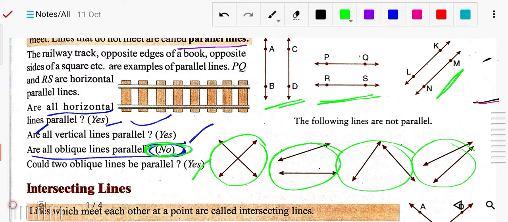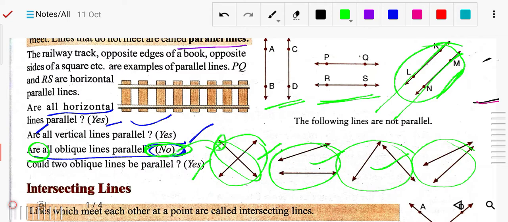Yes, as I told you, two oblique lines can also be parallel, because this type of line will never meet. But this type of line, if their directions are opposite, can intersect, so they are not parallel. You should know there is a little difference between these two.